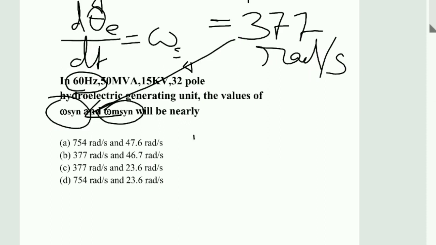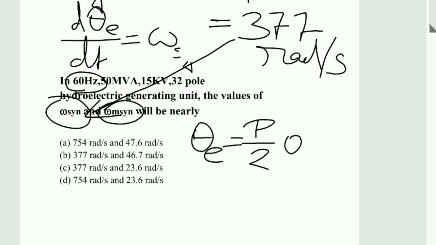We know the equation theta electrical equals p by 2 theta m. थीटा इलेक्ट्रिकल एंगल इन इलेक्ट्रिकल एंड एंगल इन मैकेनिकल के अंदर ये रिलेशन है, theta electrical equals to p by 2 theta m.